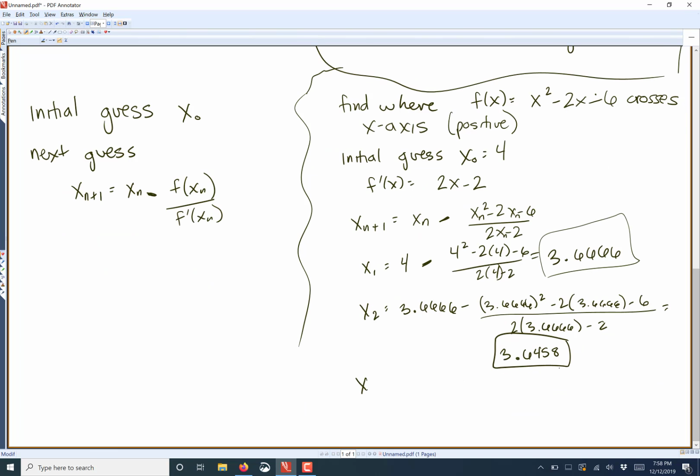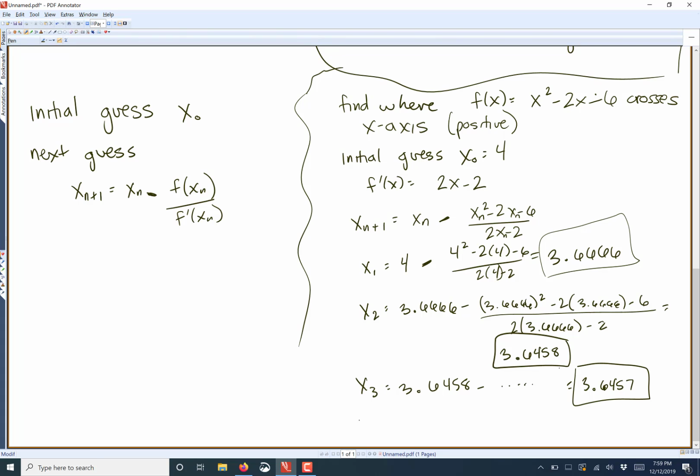Now I'm going to do the same thing, but I'm going to plug in 3.6458, and see what that gives me. That gives me 3.6457. Notice how I'm starting to change this. I went from 4 to 3.6666, 3.6458, 3.6457.